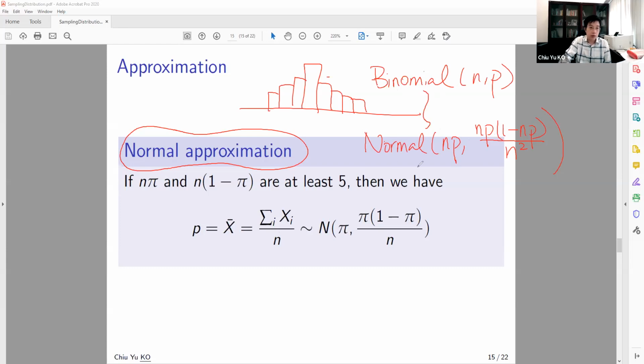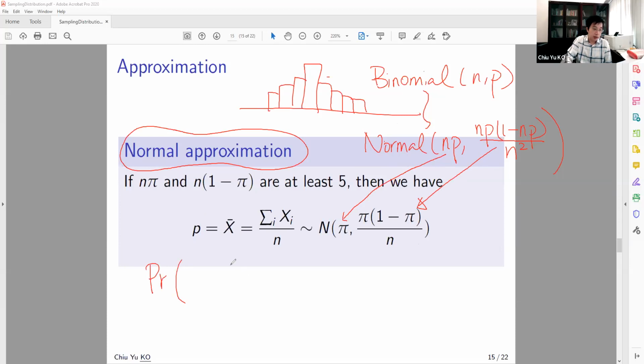So that's why we write np as pi, and the n cancels out. This is why, when you have a binomial, you can approximate it by a normal.